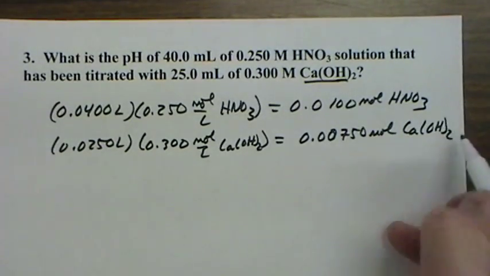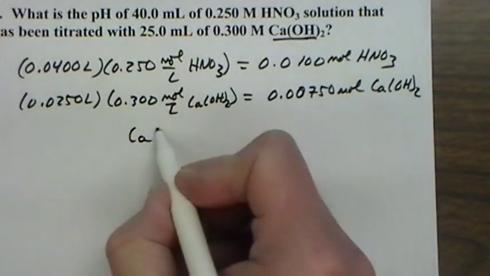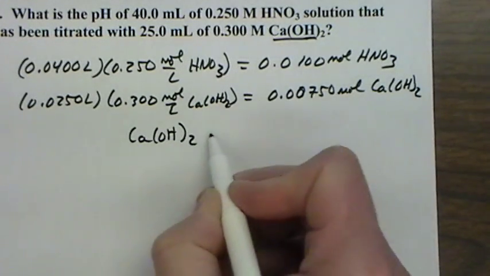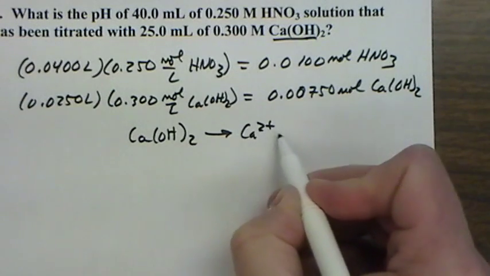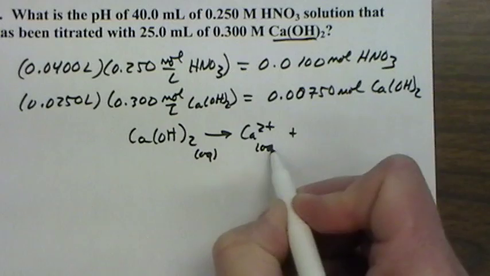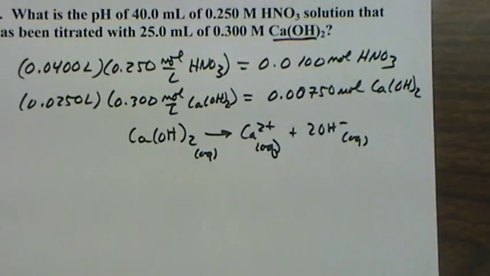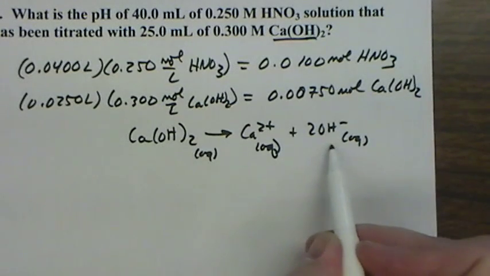Now, to save us a little trouble, the calcium does nothing for us. The calcium hydroxide breaks up into calcium ion that goes away, doesn't do anything for us, and then 2 OH-. So for every mole of calcium hydroxide, we get 2 moles of OH-.